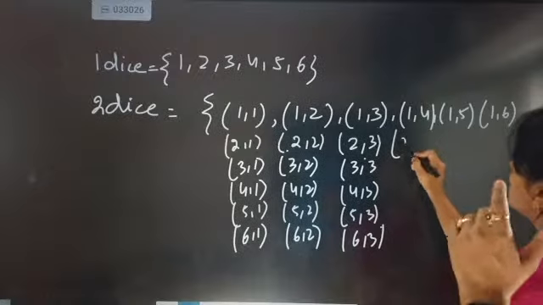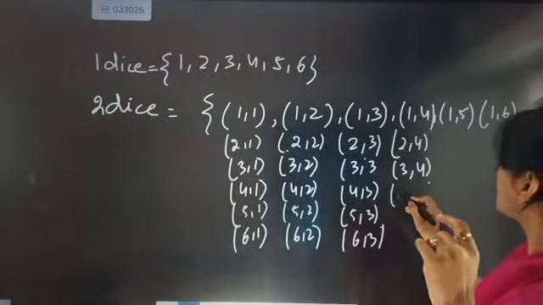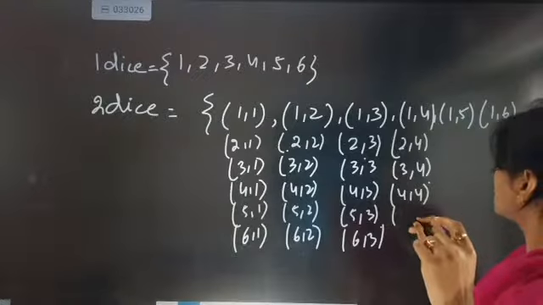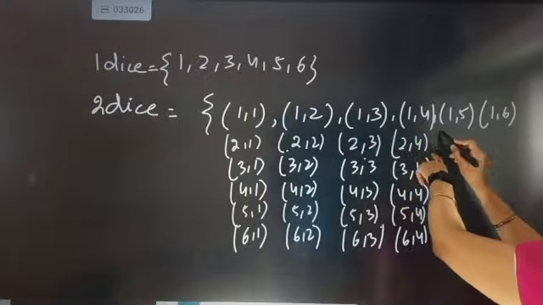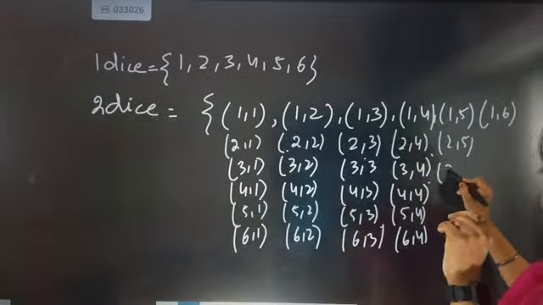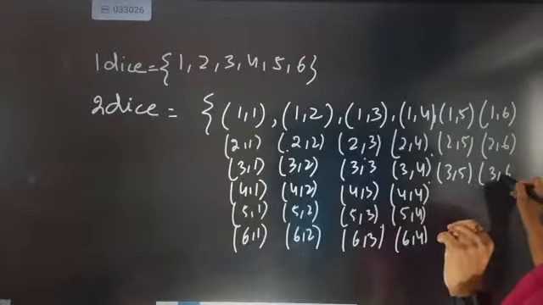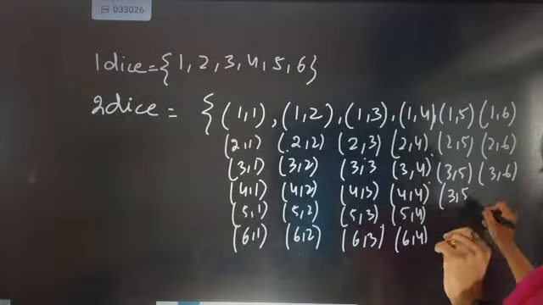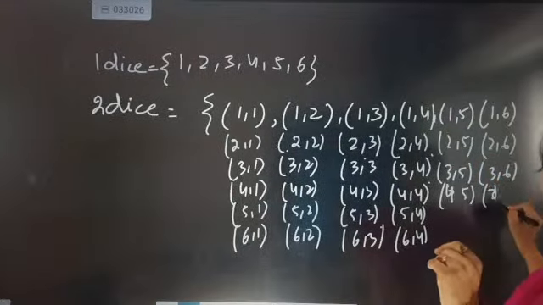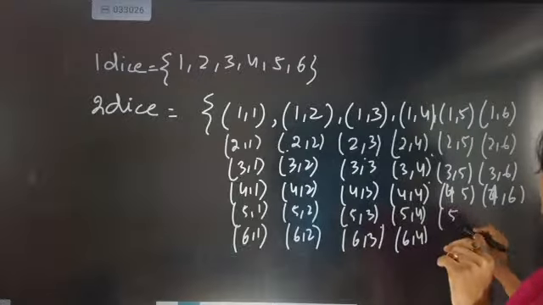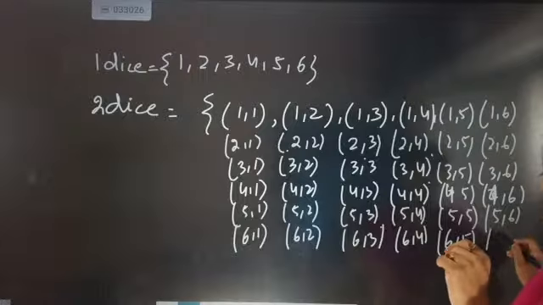Then 2 4, 3 4, 4 4, 5 4, 6 4, then 2 5, 3 5, 4 5, 5 5, 6 5, then 2 6, 3 6, 4 6, 5 6, 6 6.